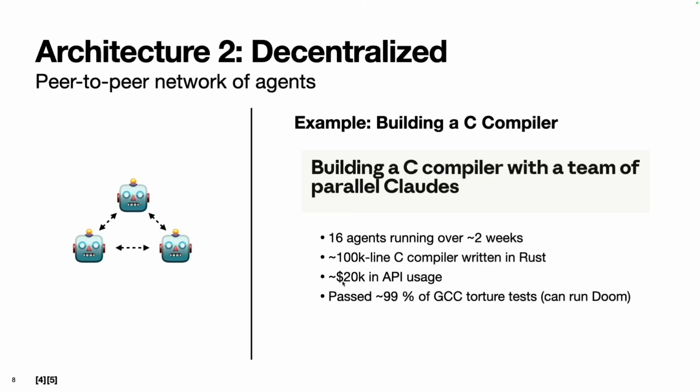And while this was an expensive project, so it was $20,000 in API costs, and it took 2 weeks to create. If one was to hire human developers to build this, maybe it would have taken months instead of weeks, and instead of costing on the order of $10,000, it probably would have cost on the order of $100,000. But of course, what expert human developers could come up with would probably be higher quality than what this multi-agent system was able to create.